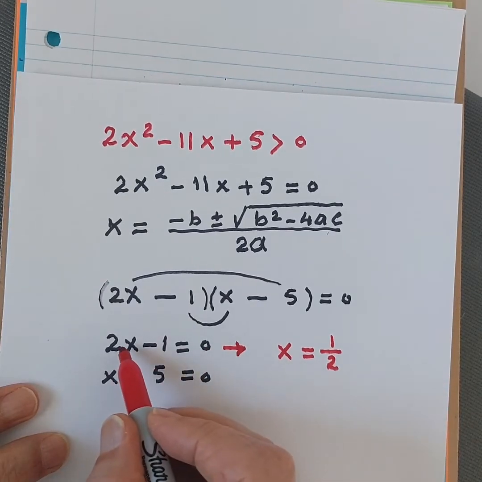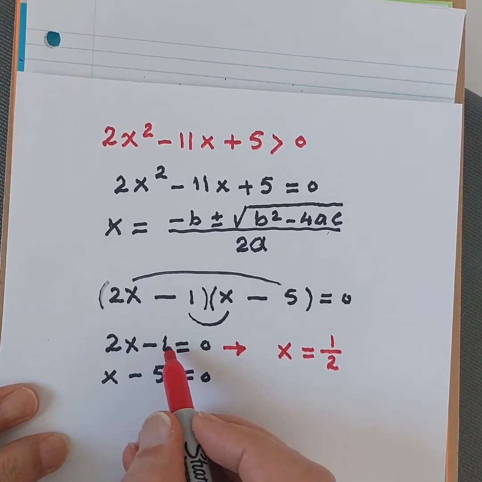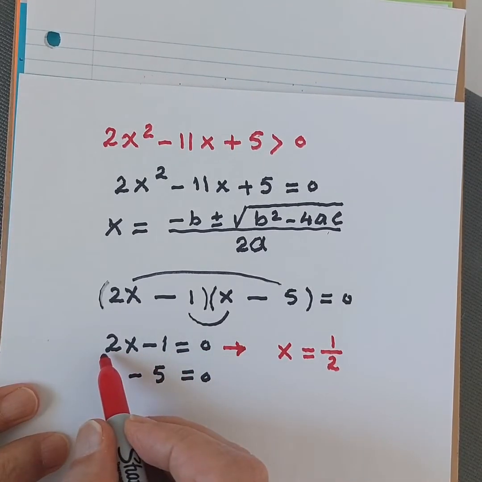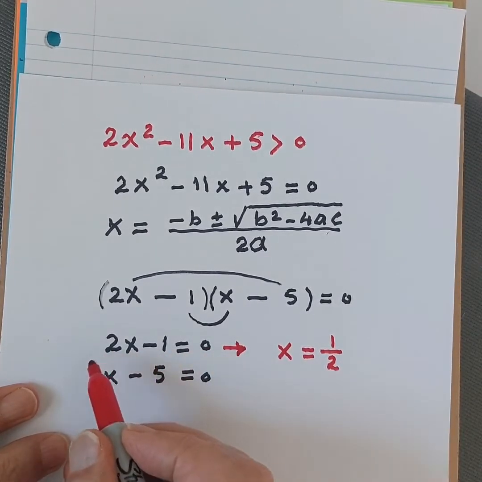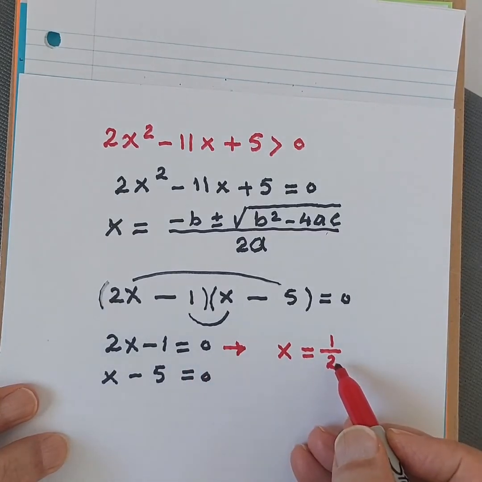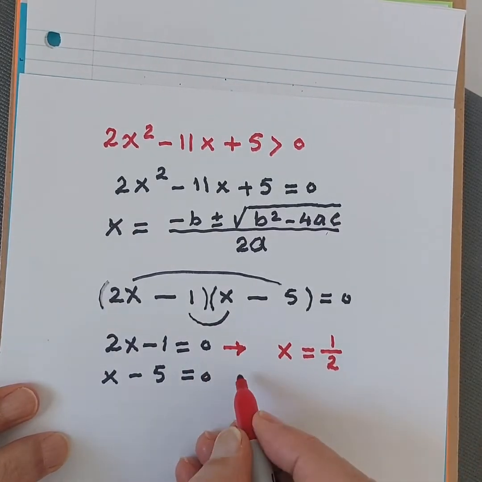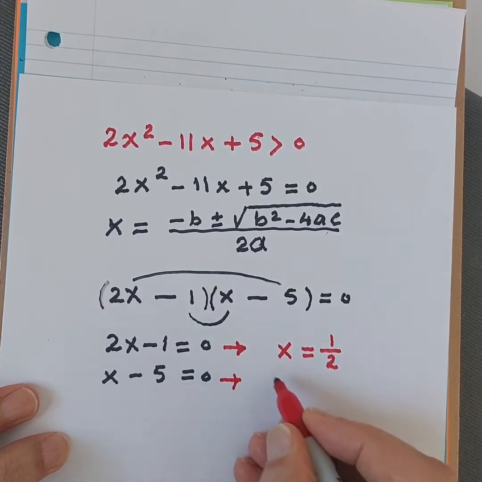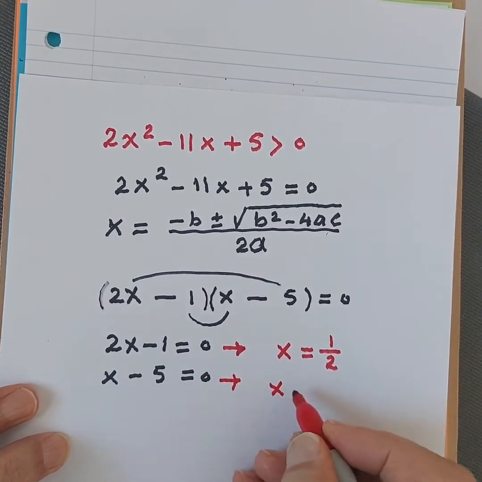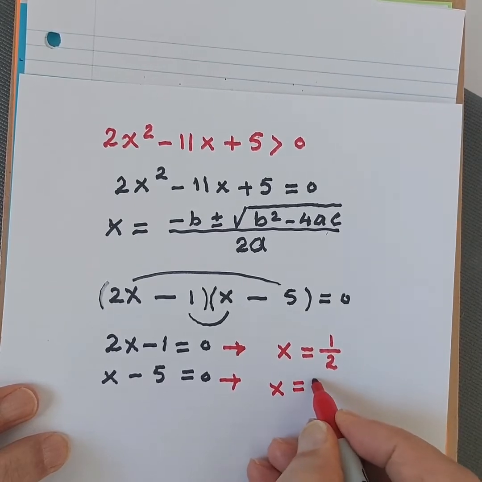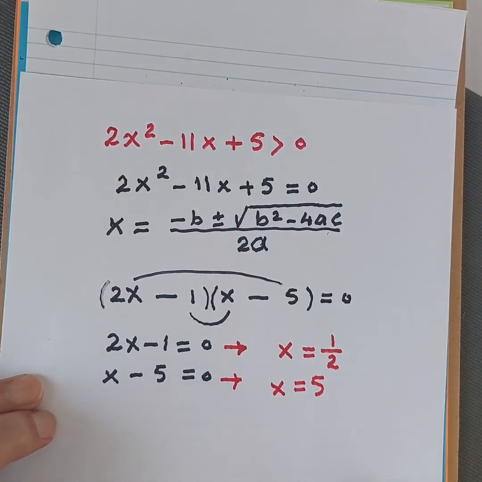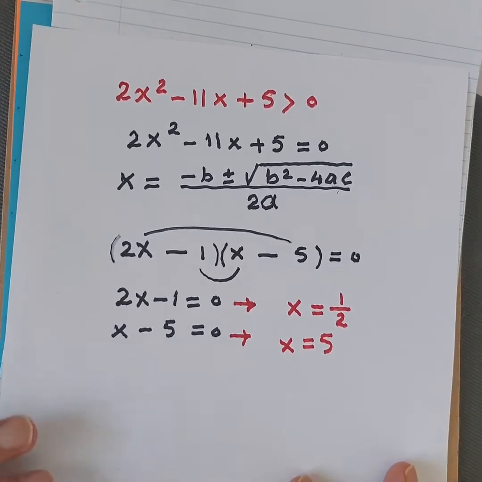So 2x is equal 1. Then we divide by 2 both sides of the equation. So we will get x is equal 1/2. And for this one, we have x is equal just 5. So these are two answers.